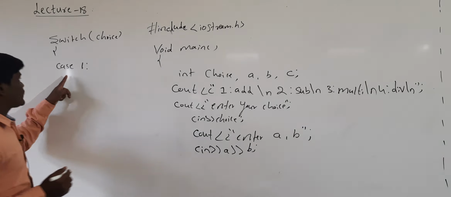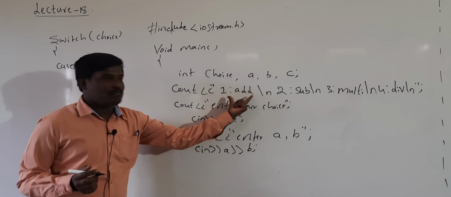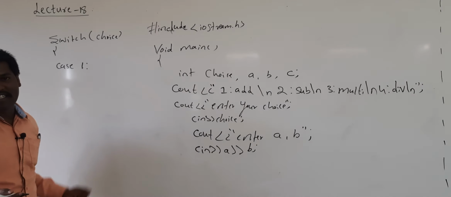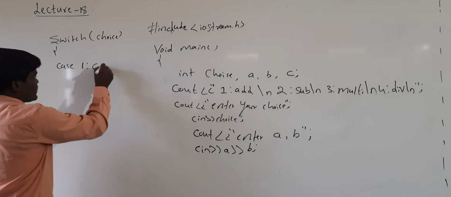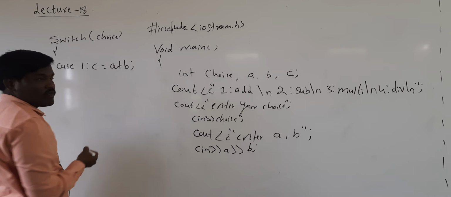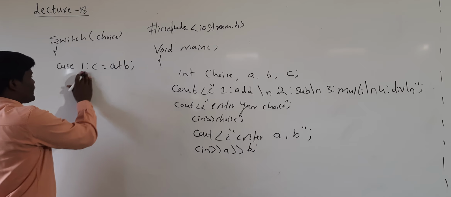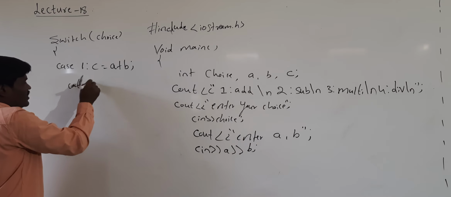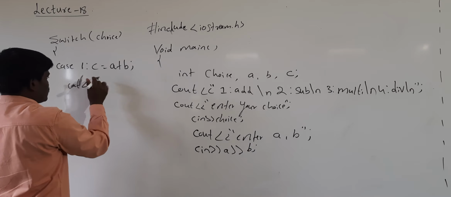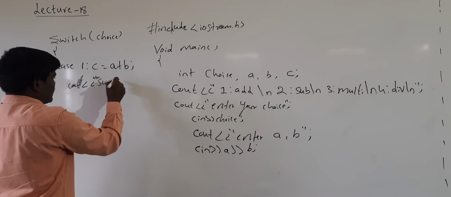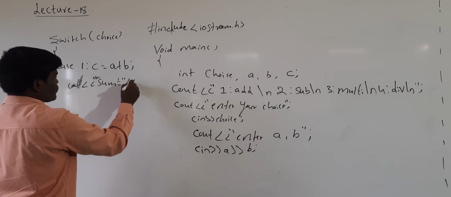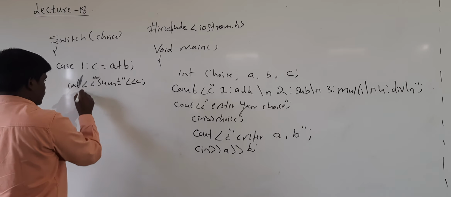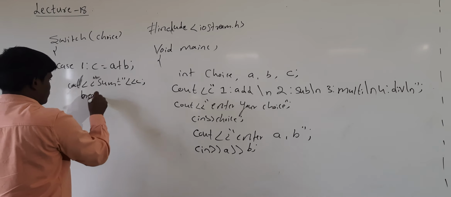Okay, so case 1 first is addition. Based on this you have to write the statement here, C is equal to A plus B. Next you have to print immediately cout sum is equal to C. Next break, compulsory.